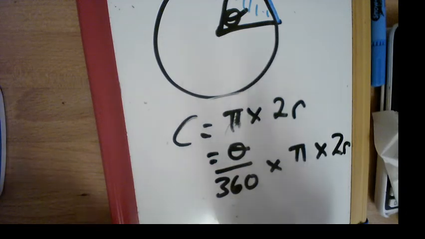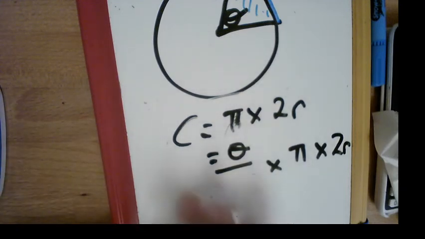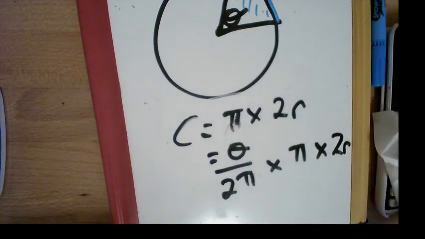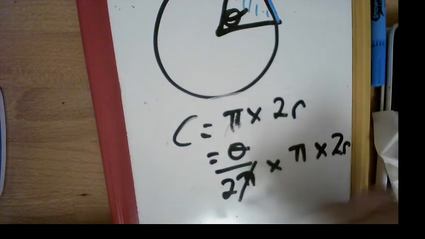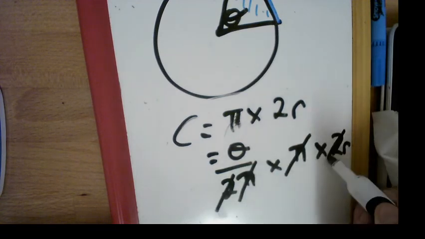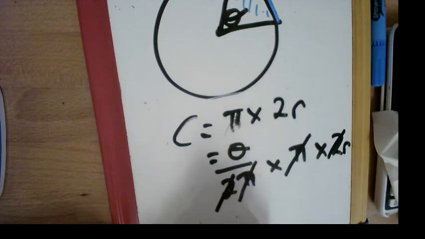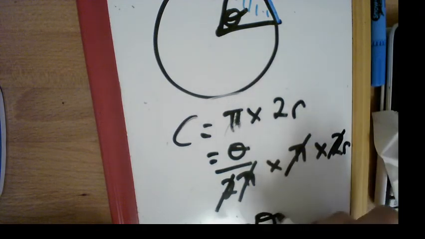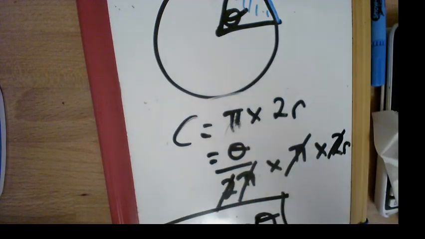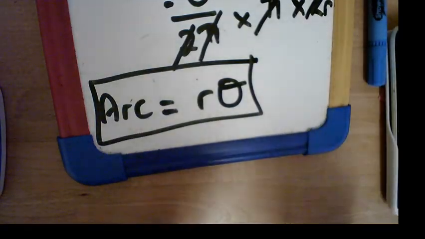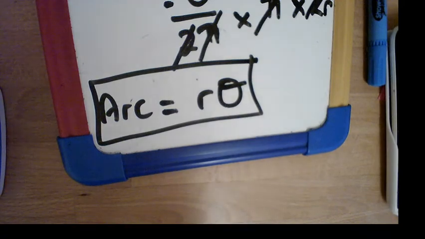Instead of the 360, we want to be in radians, so I'm going to put a 2 pi. Look what happens now. Pi cancels with pi, 2 cancels with 2, and I get the length of an arc is equal to r times theta. And that is the second formula that we've got. The length of an arc is r times theta.